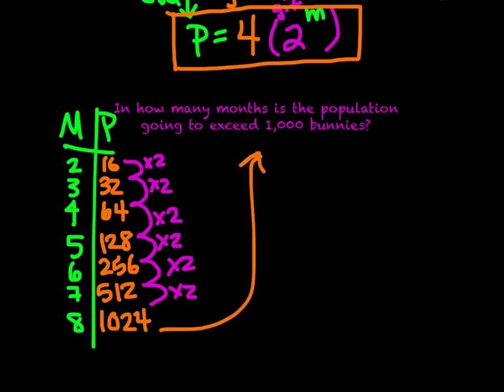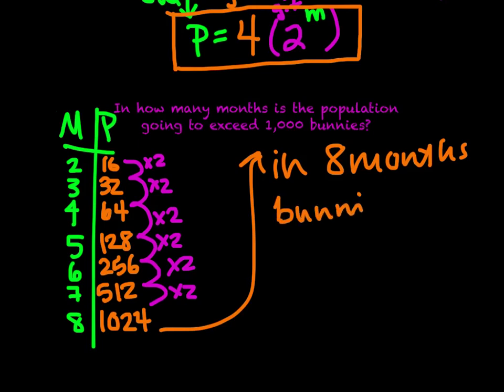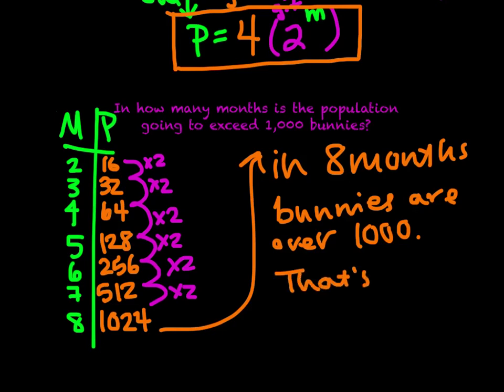So in 8 months, our bunny population is over 1,000. That's a lot. So now we have over 1,000 bunnies. We actually have 24 more than 1,000 bunnies.